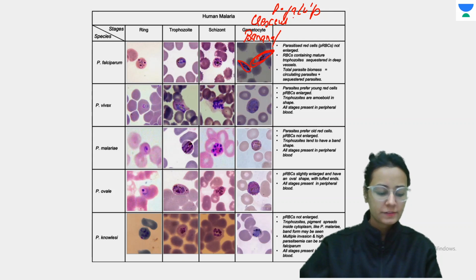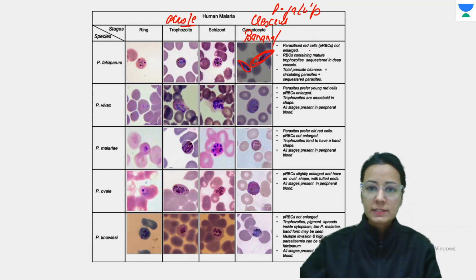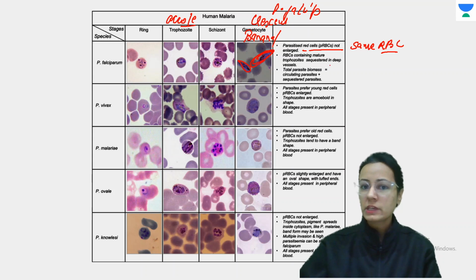And what else did we have? We had the early trophozoite in the form of ring forms. The parasitized RBCs are not enlarged, that is the same size RBCs. RBCs containing the mature trophozoite are sequestered in deep vessels, so the total parasite biomass is larger.